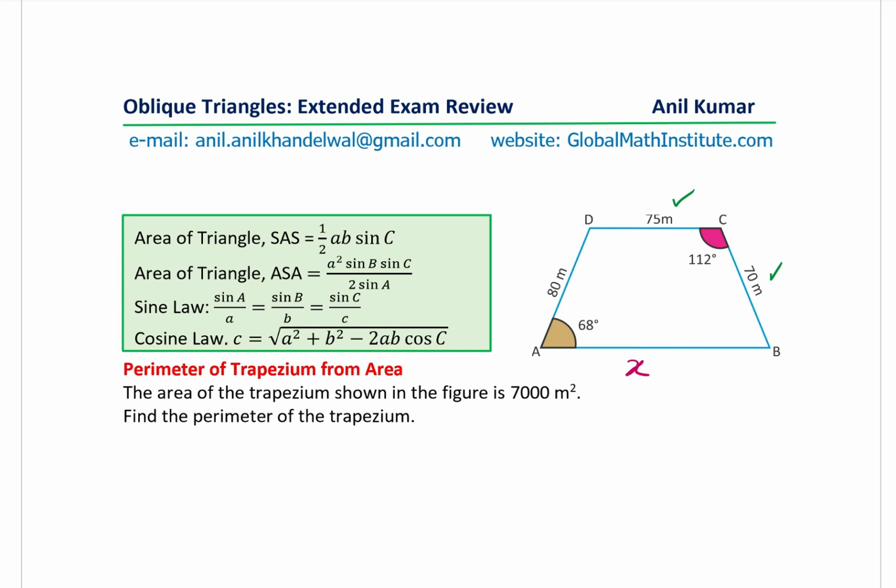So if I divide this into two triangles connecting B and D, we do form triangles which we could work with using the given formula. So we have now two sides and an included angle. That means the first case, and we can find the area of this using half AB sine C.